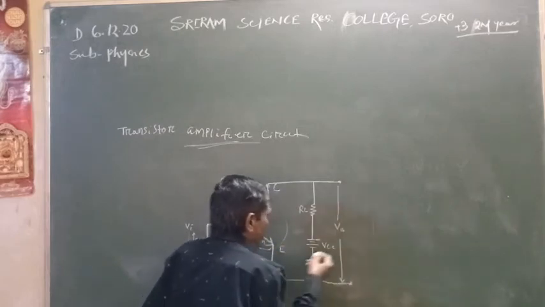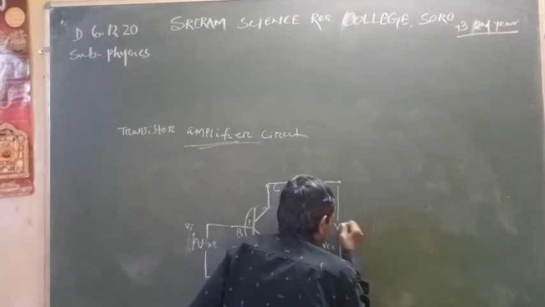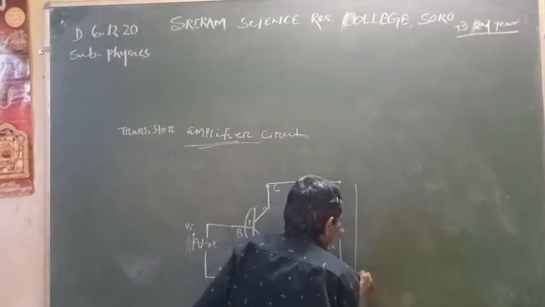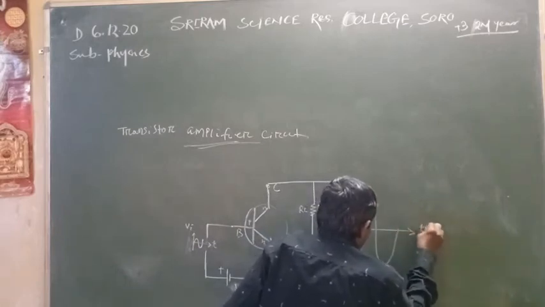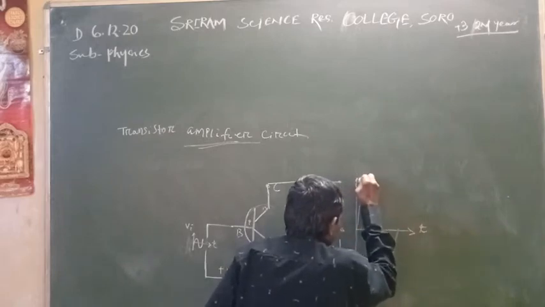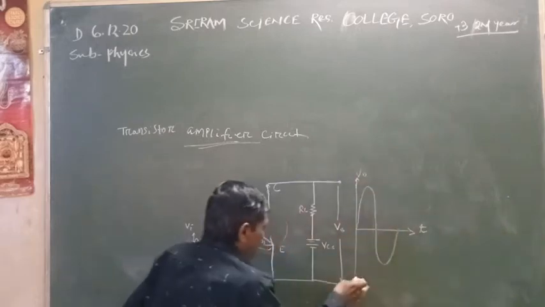After amplification, this waveform is the output signal, with the time axis and V0.